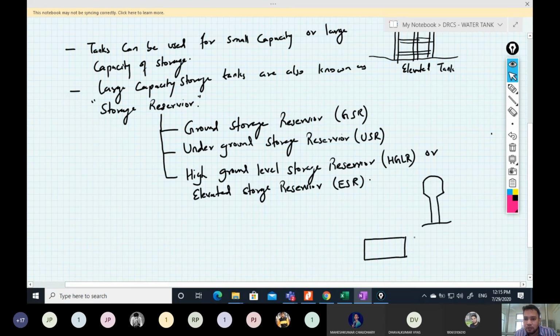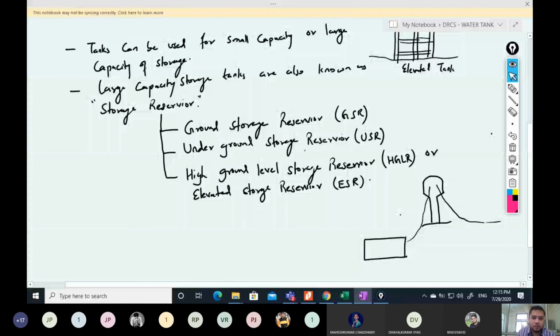Okay, and from this reservoir it is distributed to the various parts of the area through this elevated tank. And we can have ground storage reservoir also. Sometimes the storage may be provided on the ground also. Okay, so these are various storage reservoirs.